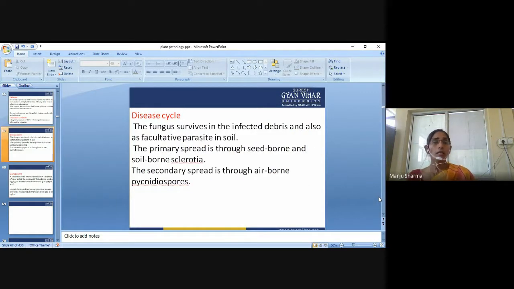Disease cycle: the fungus survives in infected debris and also as a facultative parasite in soil. The primary spread is through seed-borne and soil-borne sclerotia. The secondary spread is through airborne pycnidiospores.